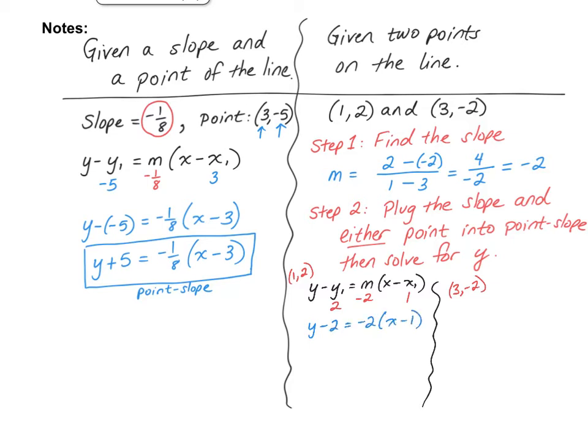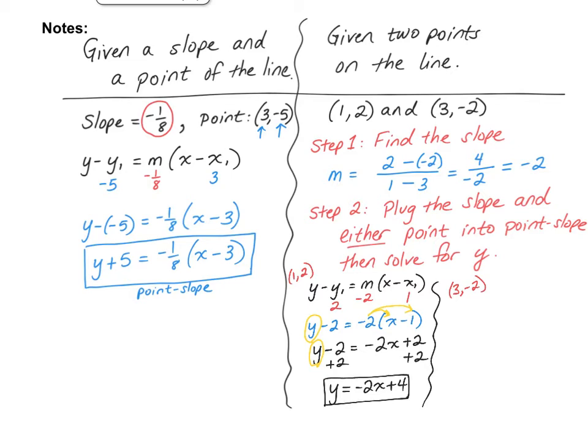Now I need to solve for y, so we first distribute the -2 into the parentheses. That becomes y minus 2 equals -2x plus 2. Now we finish solving for y by adding 2 to both sides, and I end up getting y equals -2x plus 4. And this is my answer.